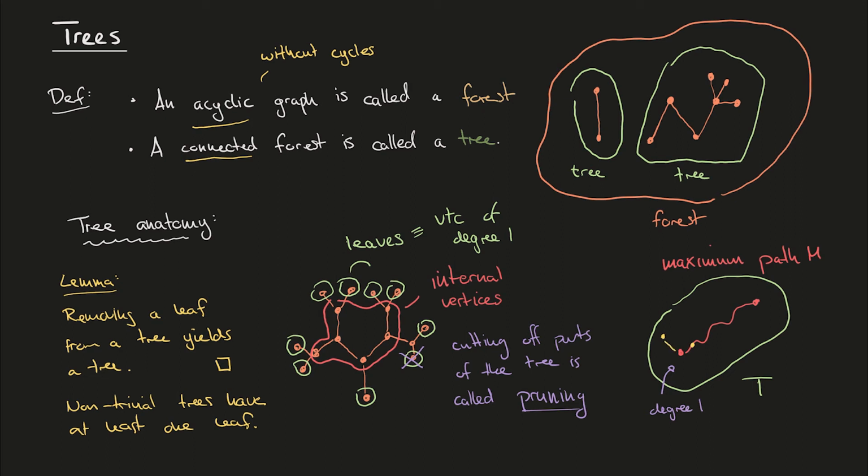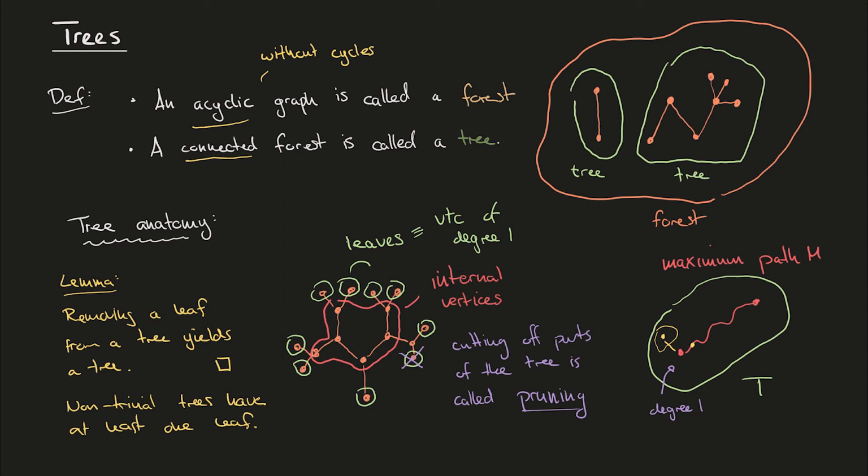Now suppose for the moment that this neighbor is not part of the path M. In that case, we could extend M by just adding this additional yellow edge to the path, and we would get a strictly longer path, which is a contradiction because M is already the maximum path. So it's not possible that this yellow vertex, which is the additional neighbor of the end of the path, should not lie on the path.